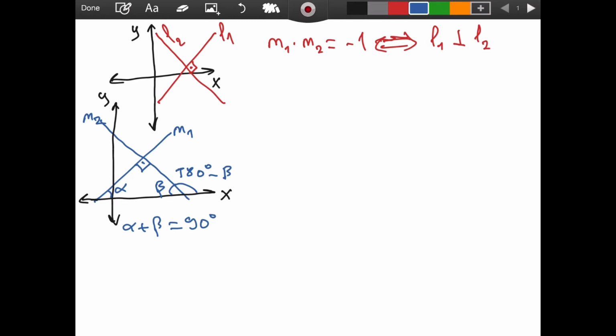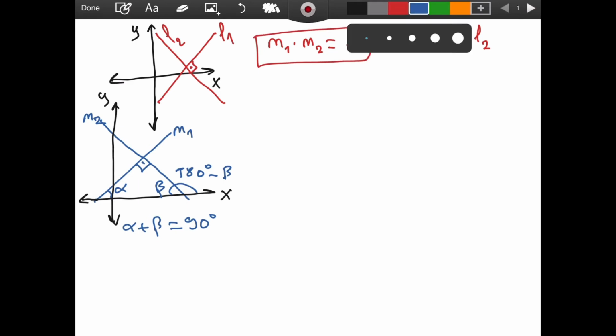So how can we prove this statement? Well, to do that we need to think of the slopes as tangents of angles. So in that case, m1 will be the tangent of the angle that line 1 makes with the positive x-axis, the positive horizontal axis, which is alpha.